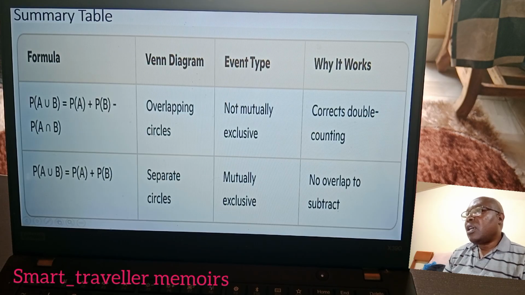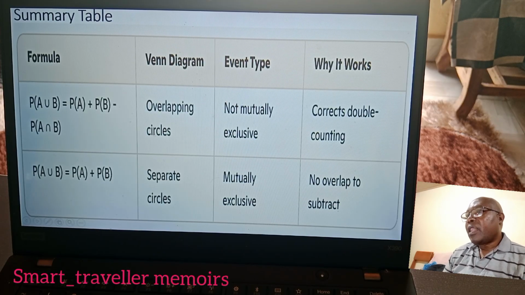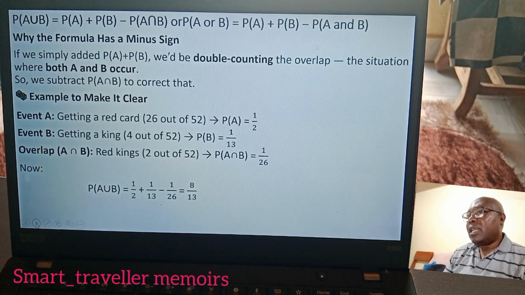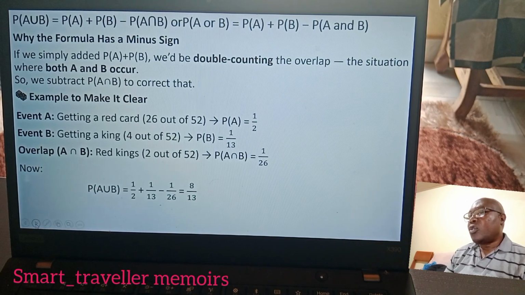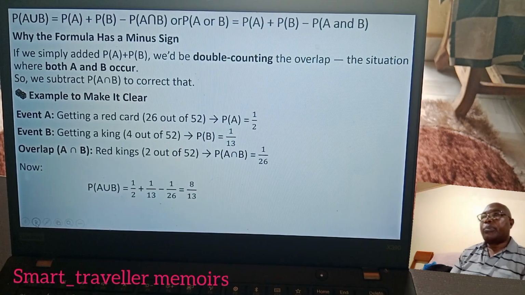Why it works: corrects double counting. Formula: P, A union B is equal to the probability of A plus the probability of B. Venn diagram: separate circles. Event type is mutually exclusive. Why it works: no overlap to subtract.